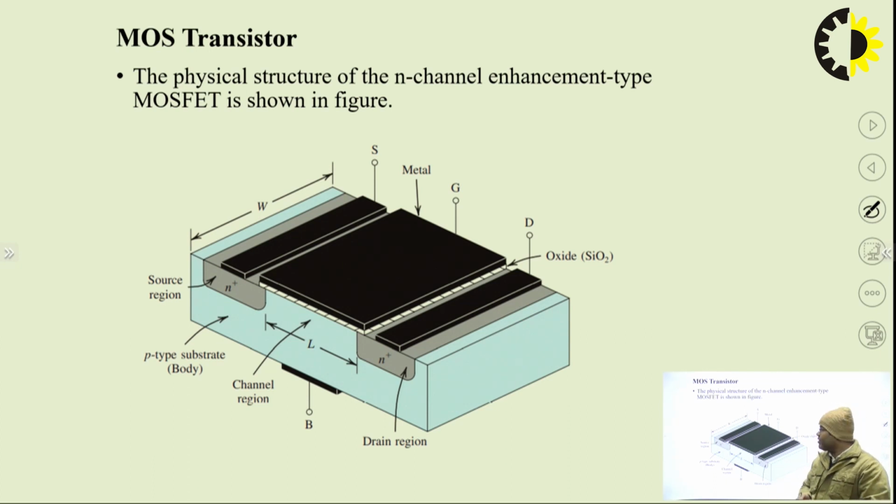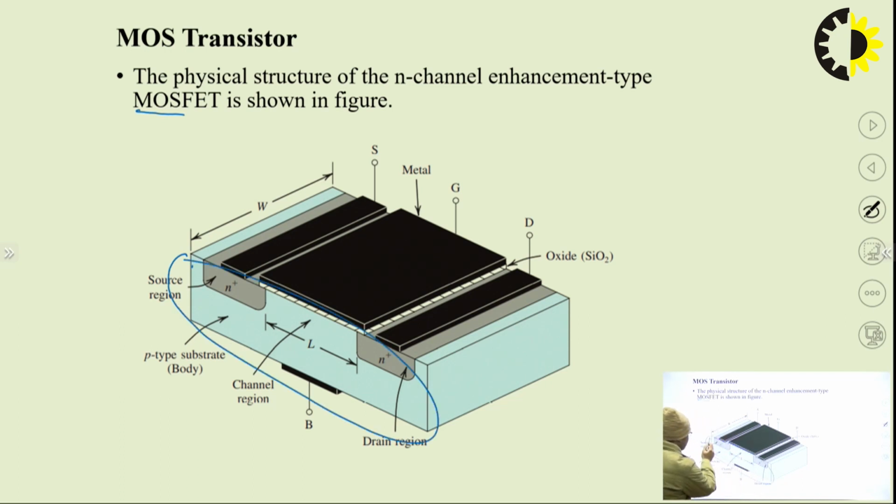If we talk about the structure of the MOSFET, then as the name suggests, in the name MOSFET, the first three letters are MOS. M is metal, O is oxide, S is semiconductor. As part of the semiconductor, this region is called the base or body. This is basically semiconductor, either N channel MOSFET or P channel MOSFET.